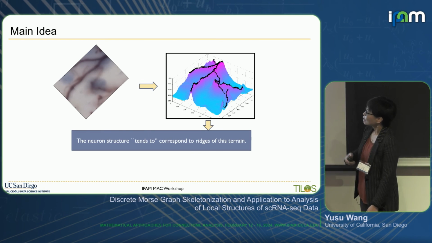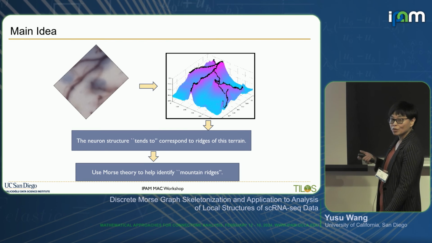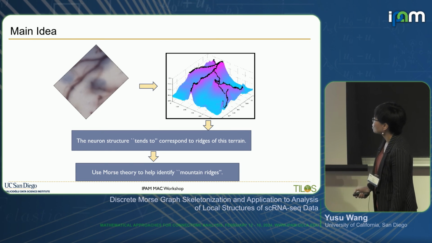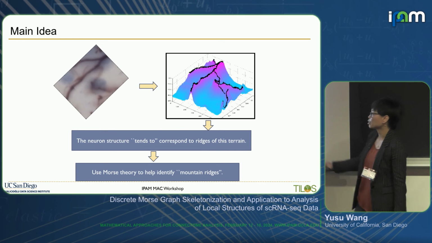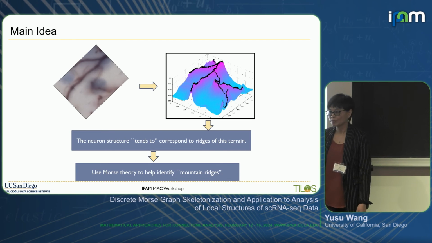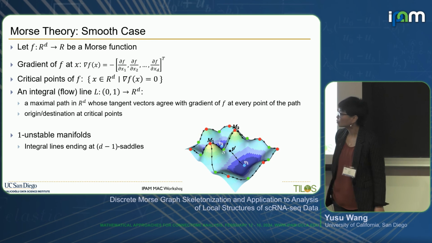The way we capture that is where Morse theory comes in. We're just going to use a very simple structure from Morse theory to capture these mountain ridges. That's just the conceptual idea.